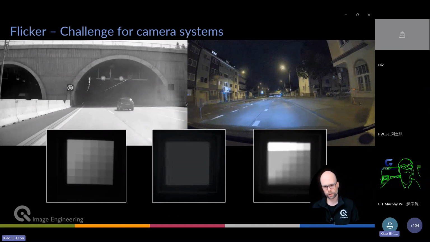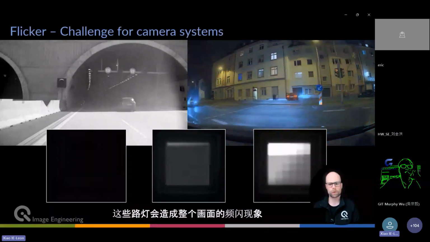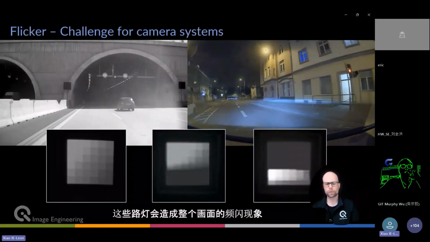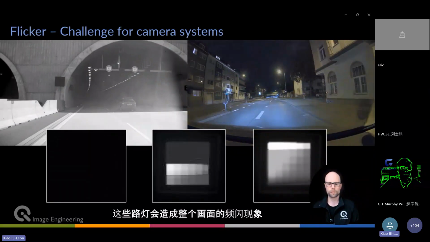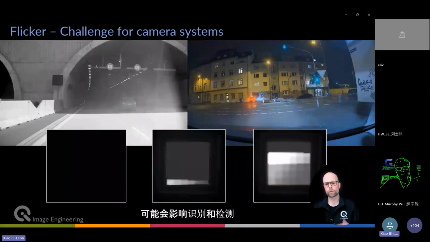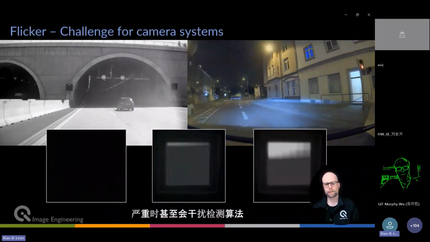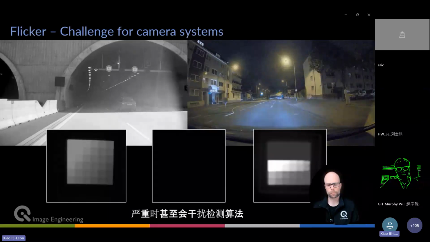Also, in the scene at the top right, that is an annoyance because these road lights also use PWM, which causes a general flickering effect on the entire image that you capture. That's at least an annoyance, if not really a disturbance for the detection algorithm.